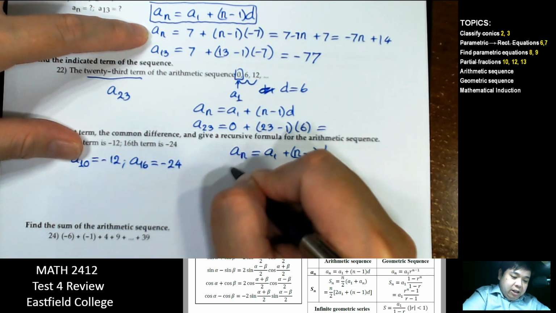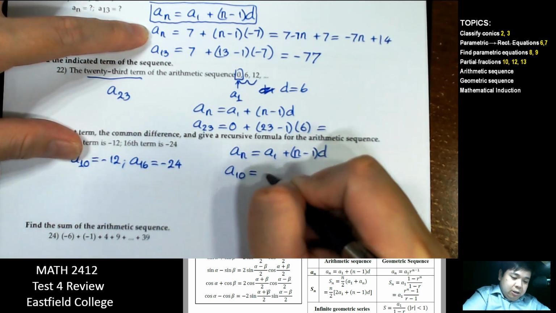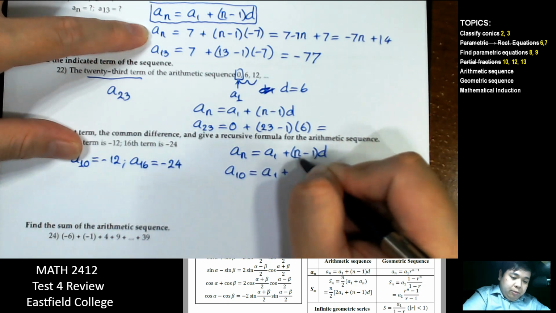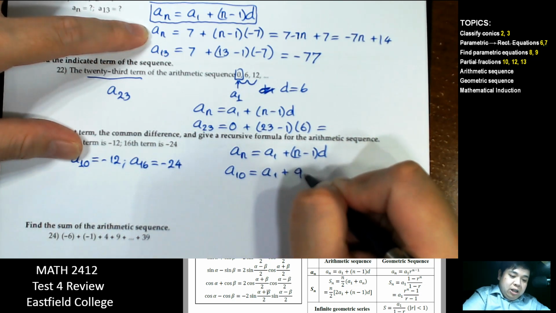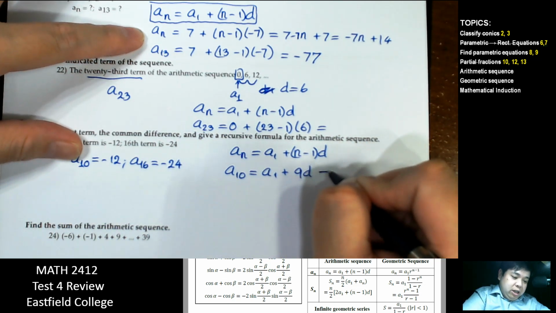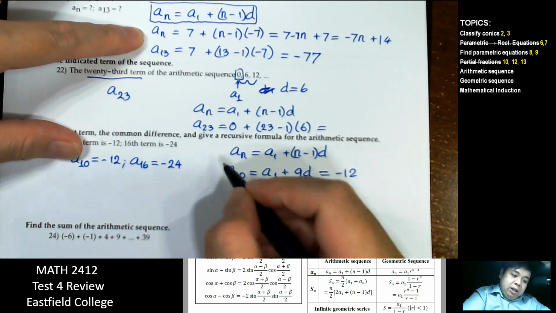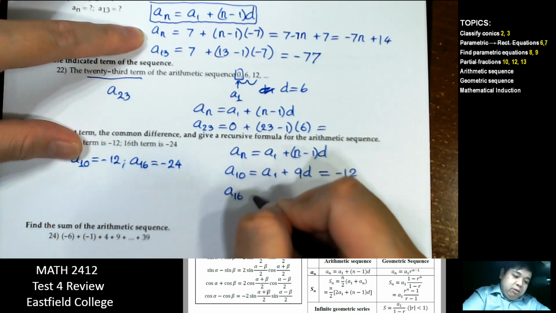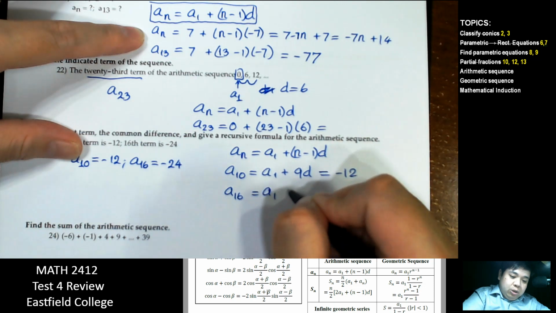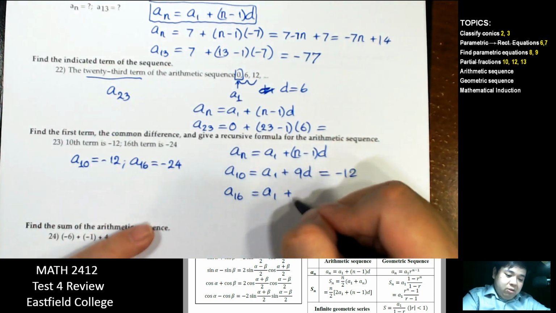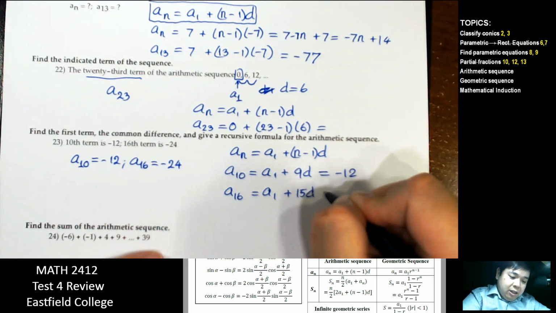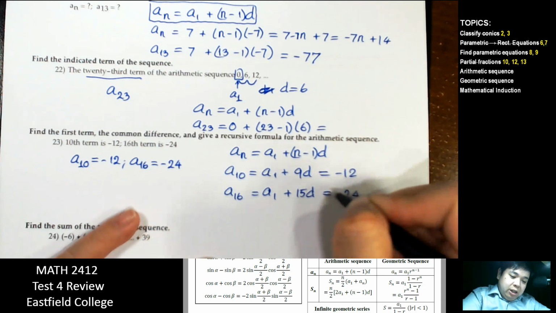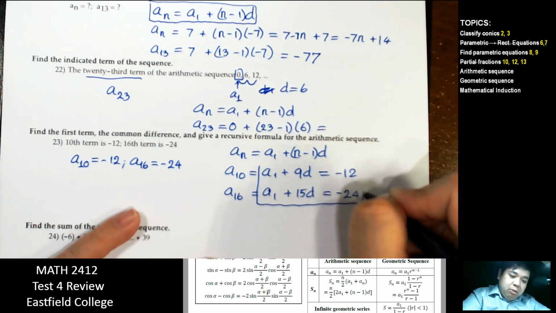Put 10 in for n. 10 minus 1 will be 9d. And that's supposed to be equal to negative 12. If we put 16 in for n, we still have that. 16 minus 1 will be 15d, equal to negative 24. We have this system of equations.